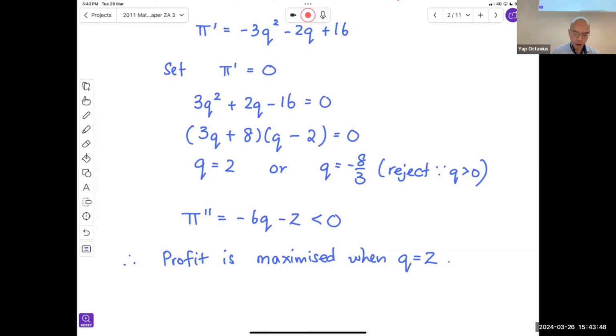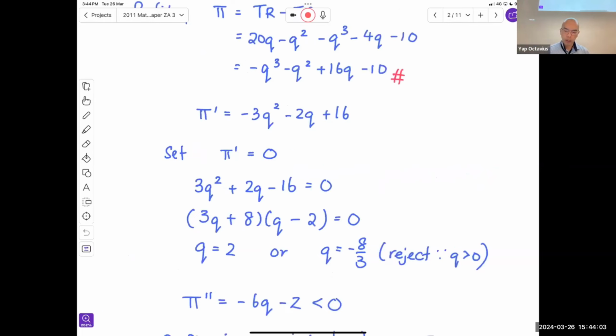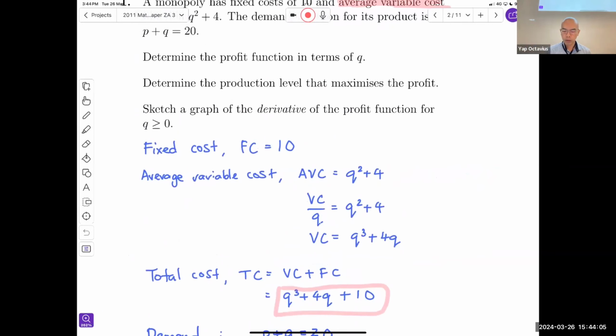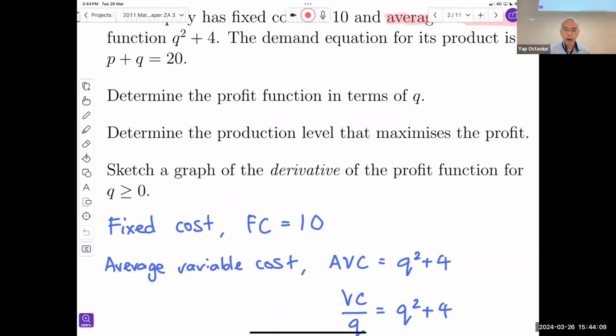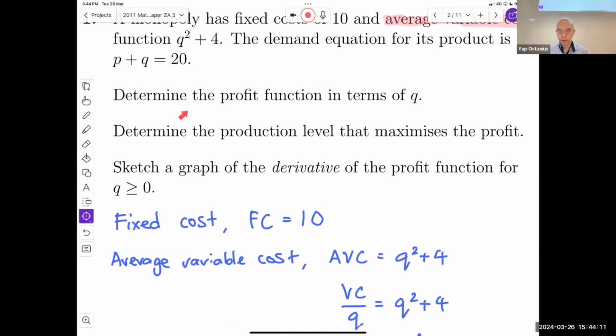Hang on, let me go up to the top. Okay, let me go up to the top and talk about this question. So this part all done. Now this one.